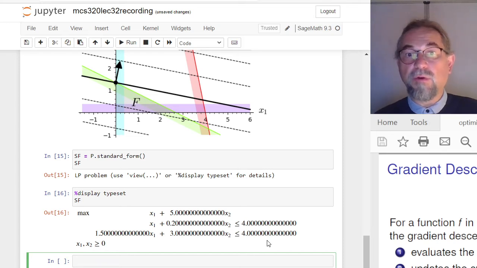The four inequalities, and perhaps I should have said this, that this capital F here, the feasible region, is here defined by its hyperplane representation or the H representation. So you see the inequalities, the four inequalities listed.